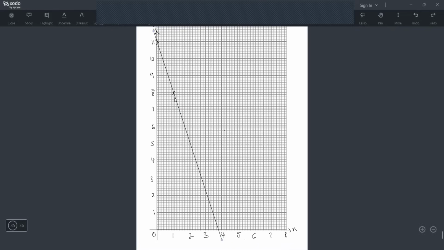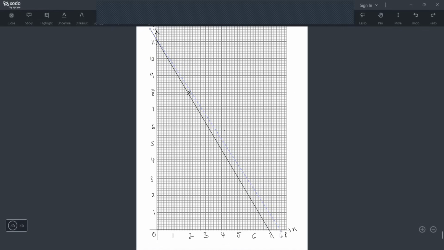Okay, (0, 11) and then (2, 8), right? Where I plotted it, this one is (2, 8). Sorry, the (2, 8) should be something like this. It means this point is wrong. This one has to be erased, and this one also has to be adjusted because it should be here, right?